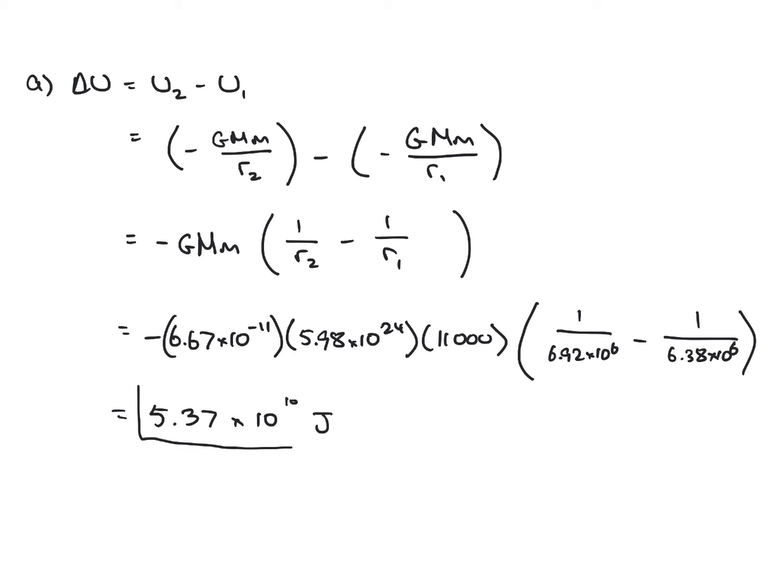So this is the change of gravitational potential energy to lift up this telescope by 540 kilometers above the surface of the Earth. I'm going to need this value when I do part C and D, so I'm just going to make a note of it so I don't forget it.